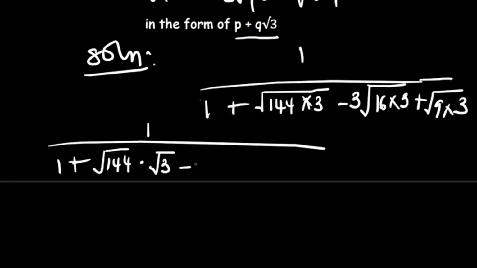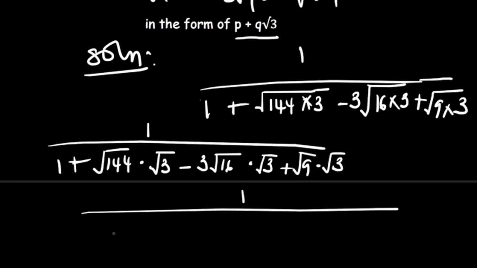So we have minus 3, and here we now have root 16 multiplied by root 3. And finally we have plus the square root of 9 multiplied by the square root of 3. Now let's simplify them.